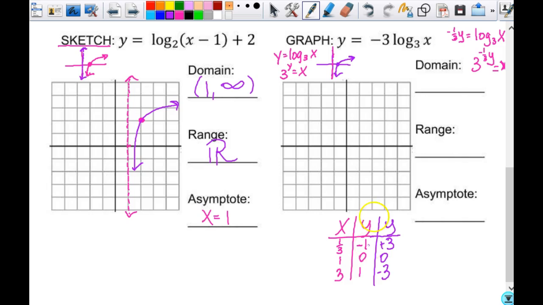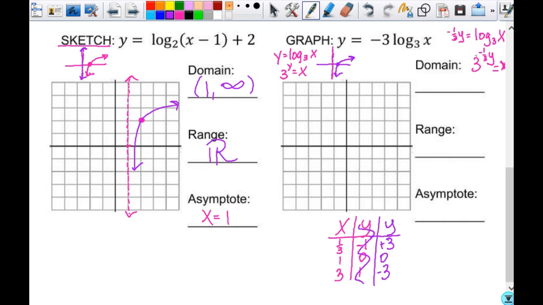My x values stayed the same. These are my y values for my parent function. I don't need them anymore. But they helped me get that a whole lot quicker than using this thing right here and trying to make sure that I actually change it correctly. And then on top of that, choosing nice y values. Does that make sense to you? So you can just decide whatever makes sense to you.